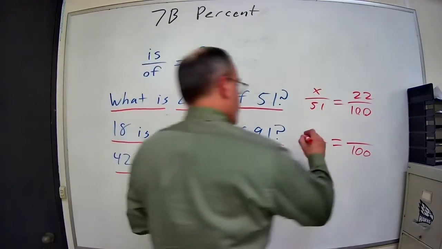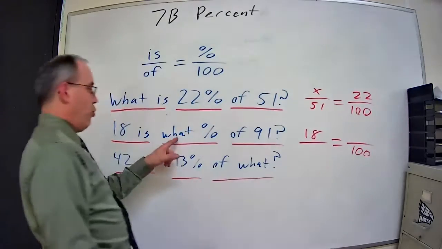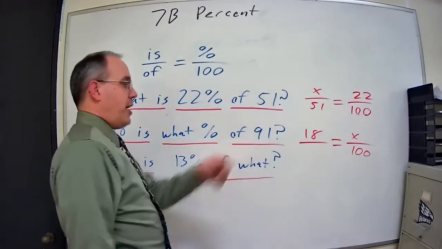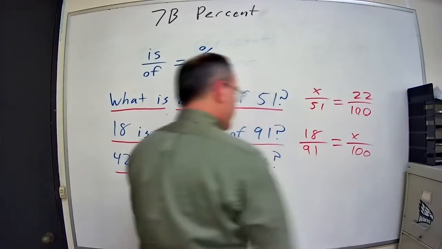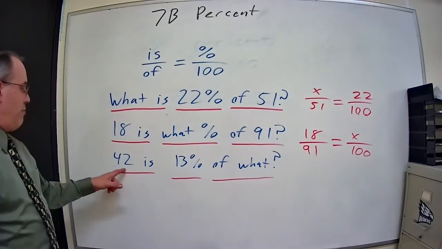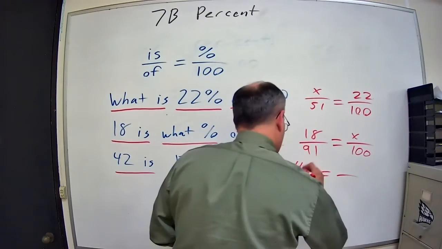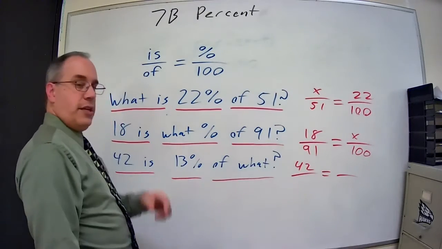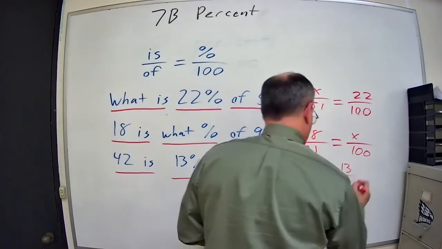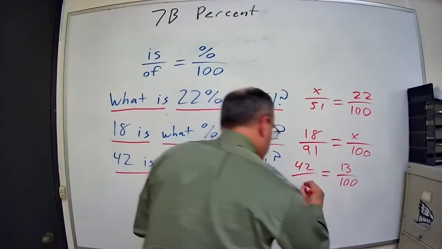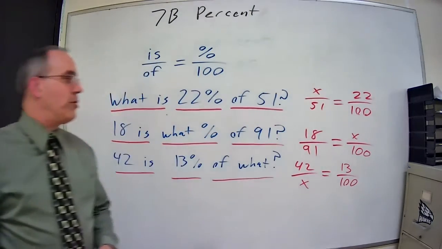18 is what percent? Oh, we don't know. There's x, of 91. And then 42 is 42. 13%. Don't forget 100 there. Of what? And that's what we're looking for.